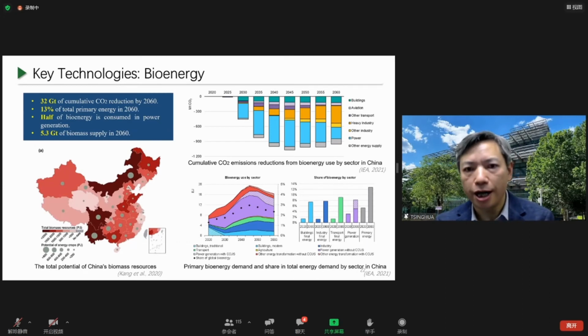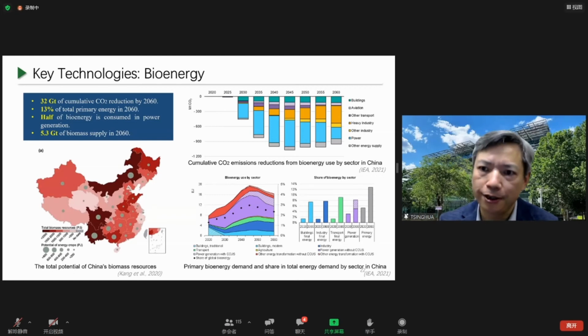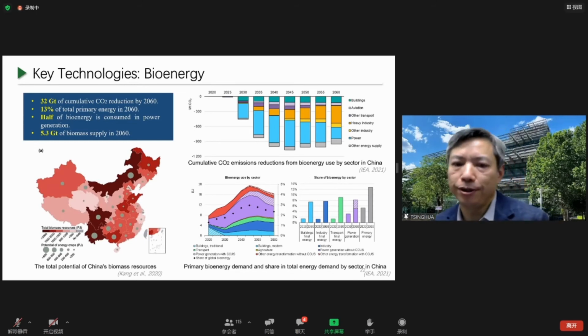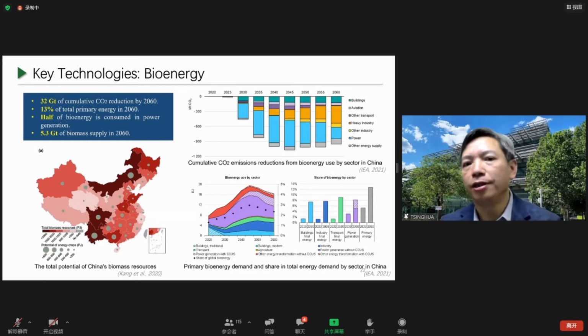In the future, for carbon neutrality pathway, bioenergy is estimated to grow dramatically. The share of bioenergy in China's total primary energy demand increases more than 2 times to 13% by 2060 in the projection, reaching 16 EJ.